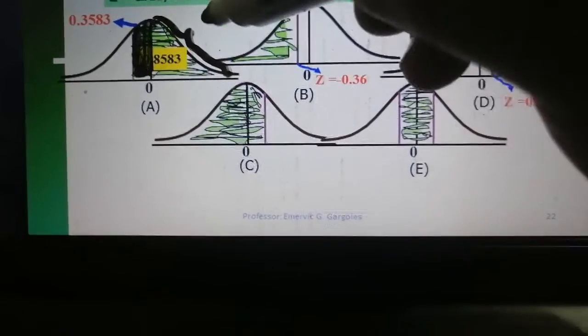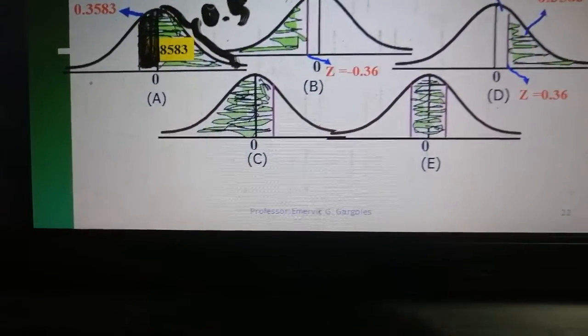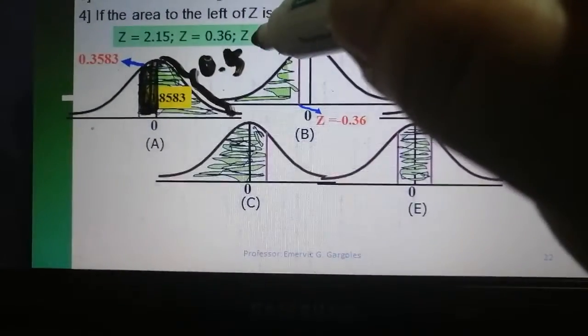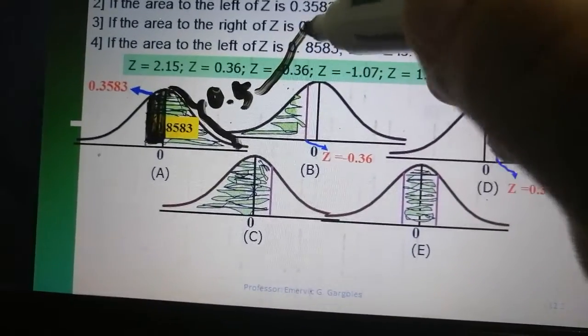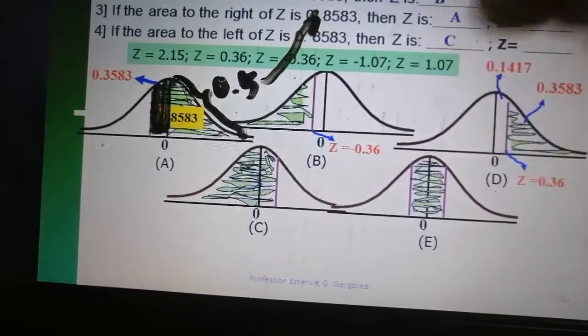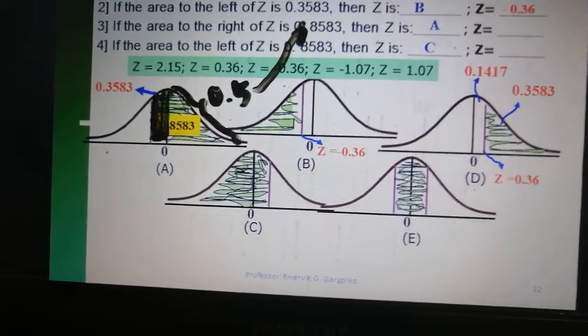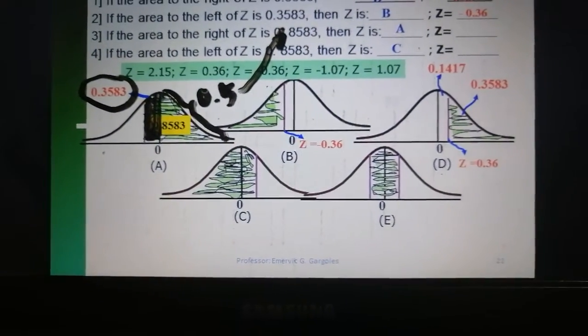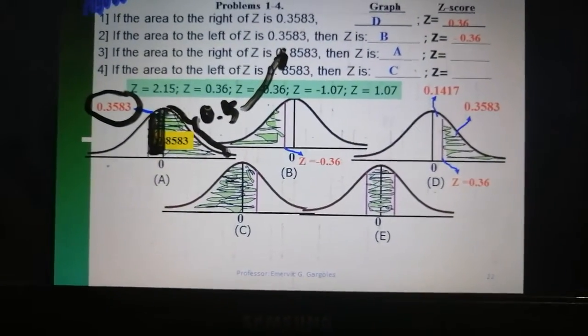How will we do that? You know for a fact that the area of half of distribution is 0.5. So what you have to do? You subtract 0.5 from 0.8583. And if you do that, you will have 0.3583. Where do we find 0.3583?